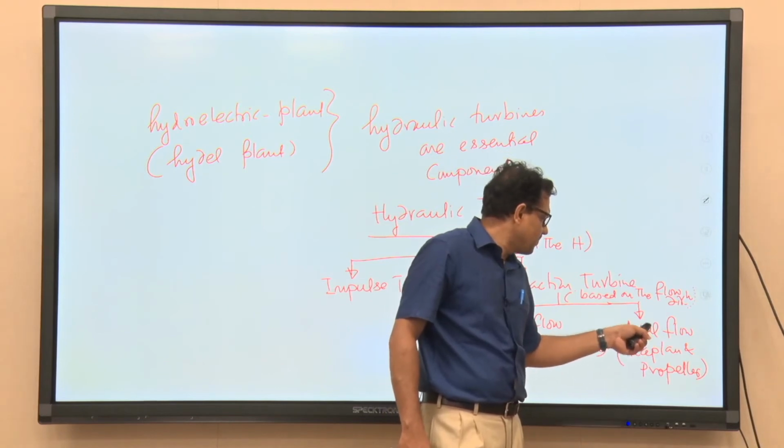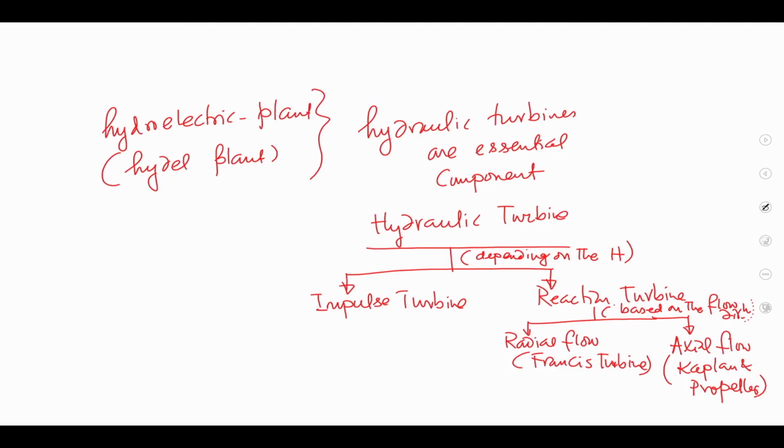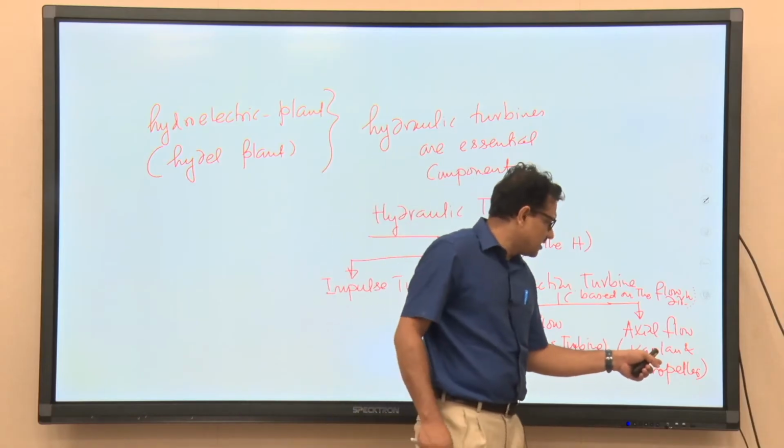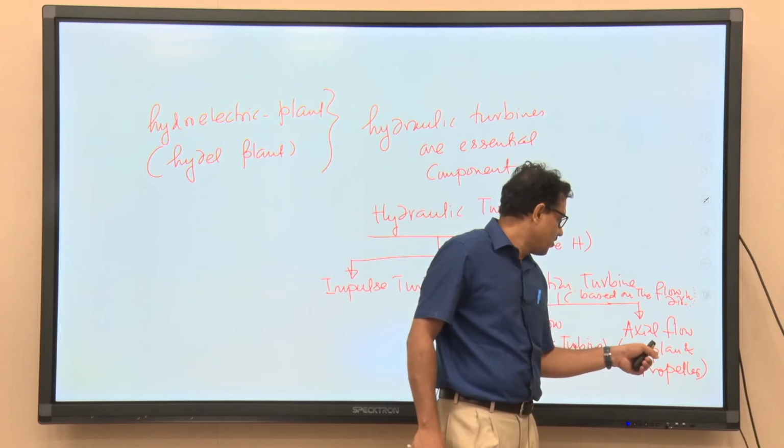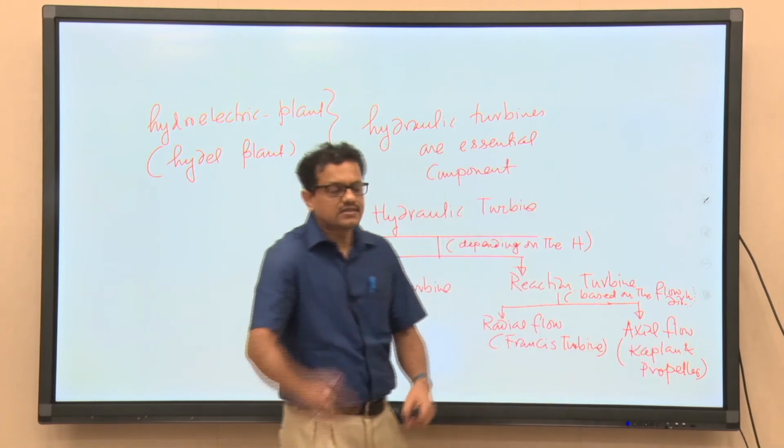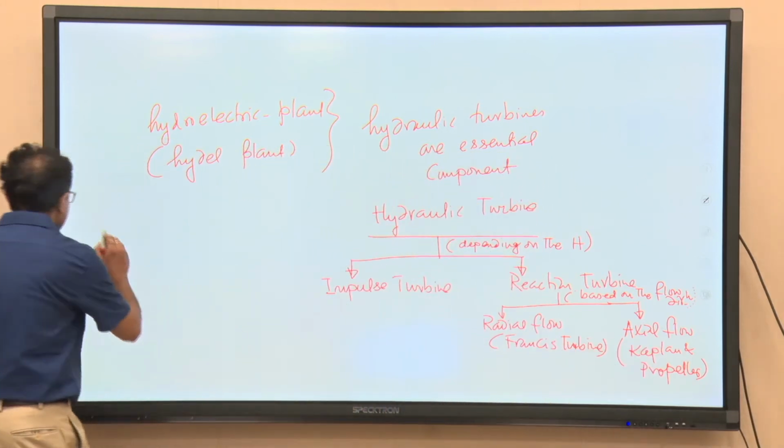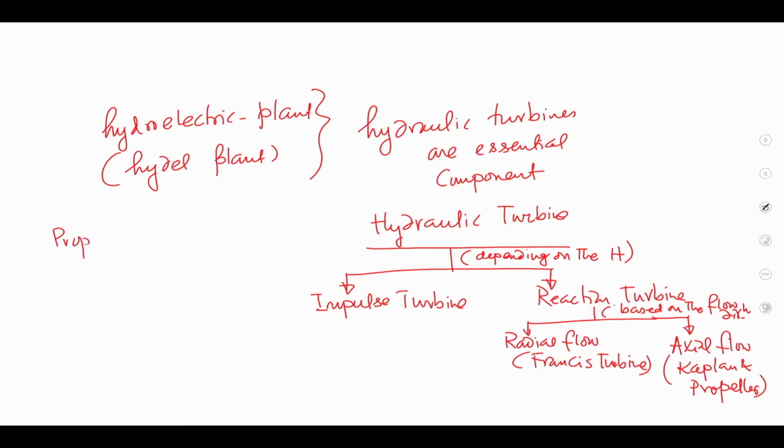Kaplan is also an axial flow turbine, and propeller is also an axial flow reaction turbine, but the propeller type is fixed blade whereas Kaplan is adjustable blade.